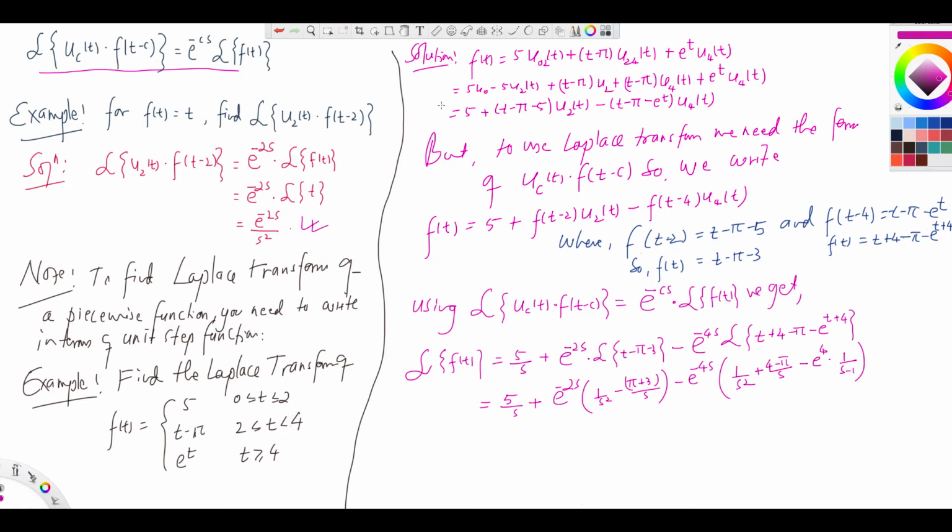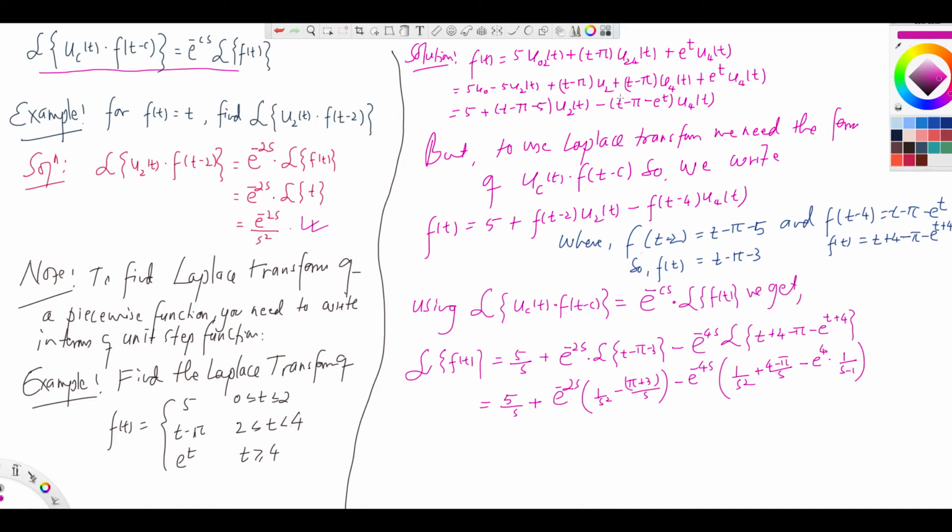So how do I do this? f(t) equals, written in terms of the unit step function, 5 times u_0,2 and (t minus pi) times u_2,4 and then e to the t times u_4, right? So now how do you write that? It is 5 (u_0 minus u_2), (t minus pi)(u_2 minus u_4), and then e to the t u_4, right?